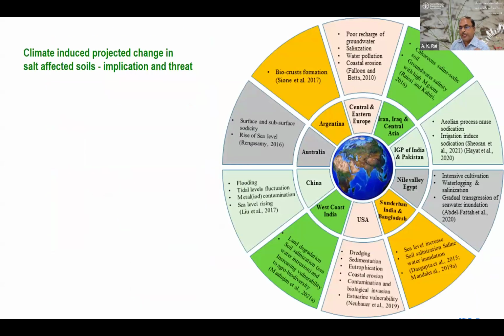And because of climate change, another dimension is being added to this. In different parts of the globe, different kinds of issues are emerging besides the inherent problem of salinity and sodicity, and this is adding another challenge in developing a robust soil quality index based prioritization of treatment and management options.